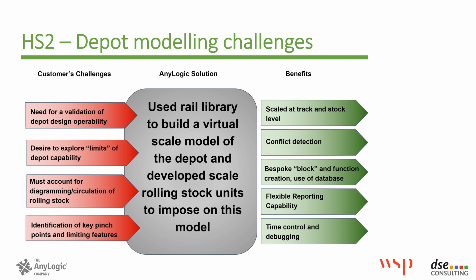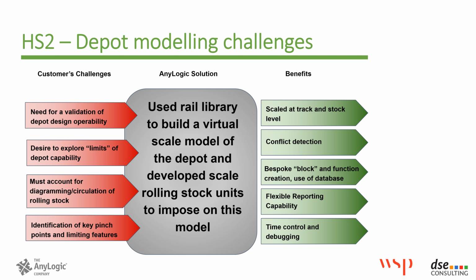We needed a tool which would allow us to look at the actual operability of the depot using trains and track, and a scaled look, really, which would tell us whether we were getting into conflict and how easy it was to actually control the trains around the depot in a normal day's operation.